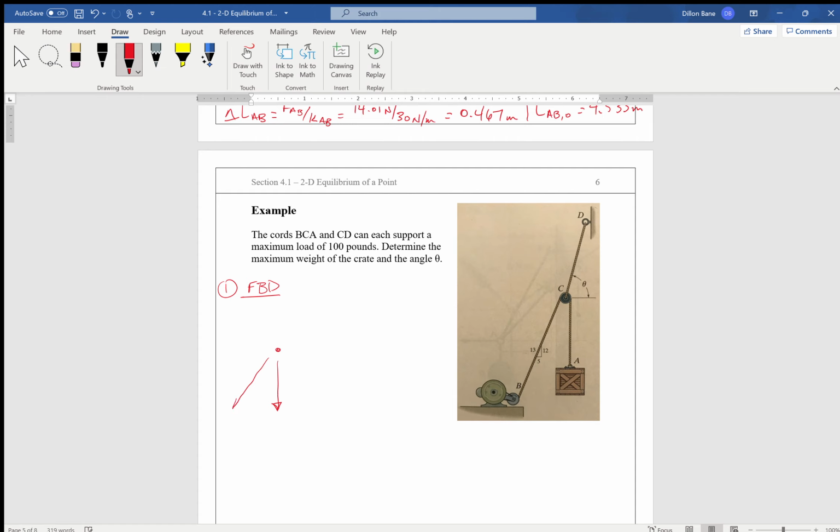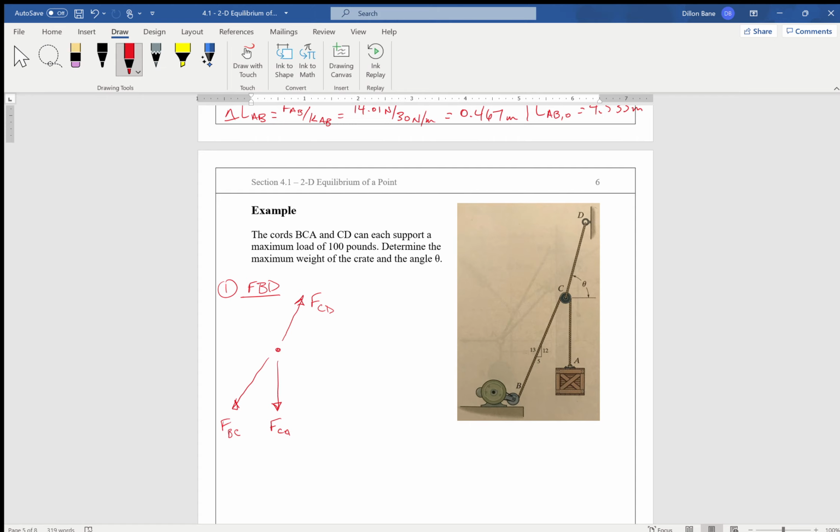We're going to have a force acting down and to the left for the rope that goes from BC, and then we're going to have a force that goes up and to the right from CD. So we'll label those FCD. This will be FBC, and then this is FCA, but it just is equal to the weight of that crate, but we don't know it.